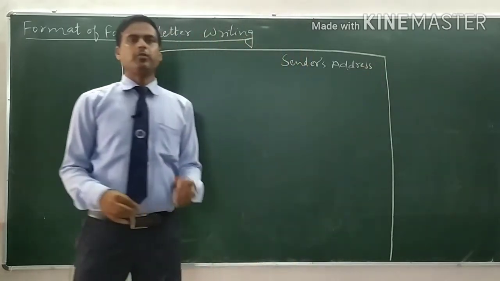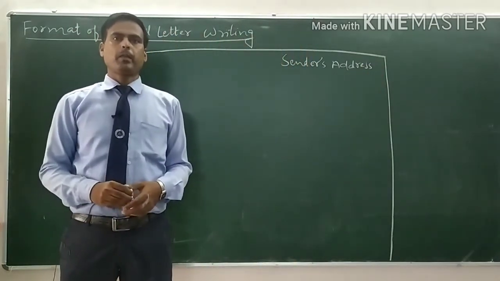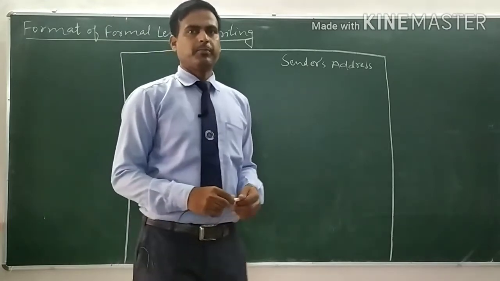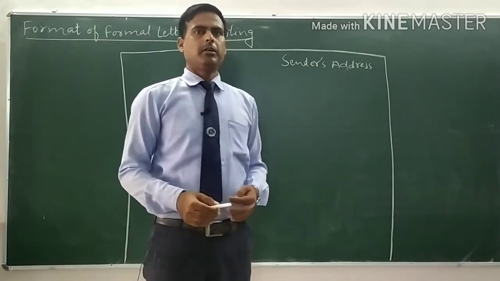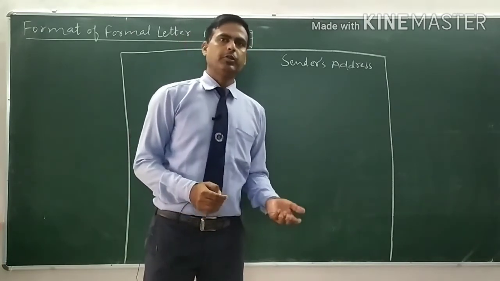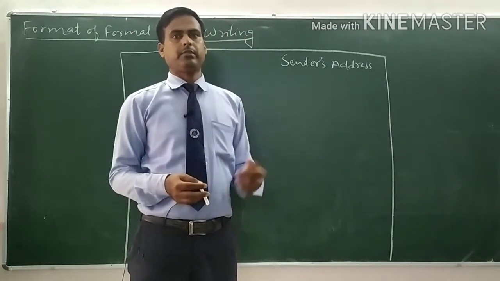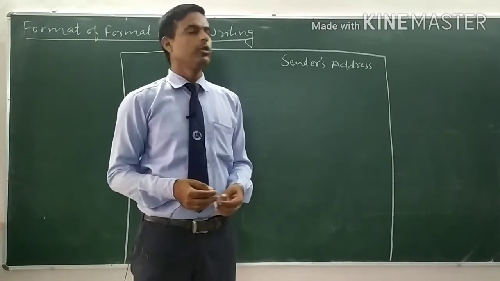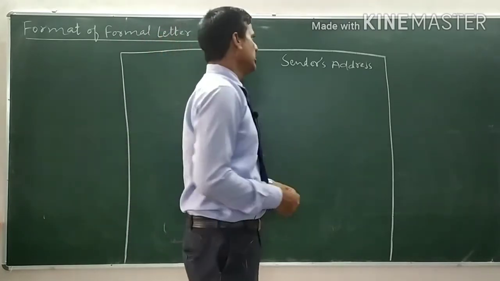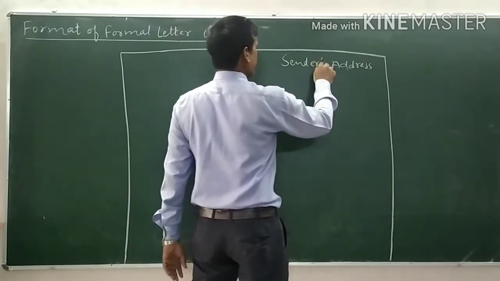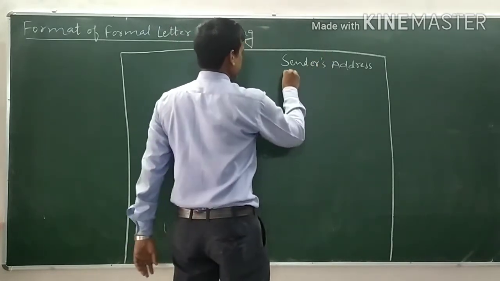But if we are going to write the letter to our principal or our teacher, we may leave out the address. But if we are going to write the letter to offices, to persons whom we don't know, we must write the sender's address in a formal letter too. So the sender's address and date.